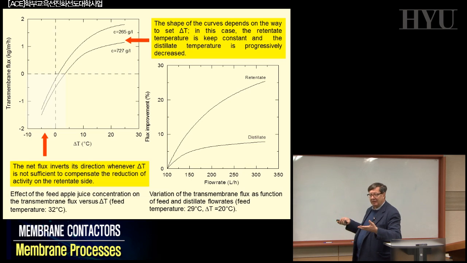You can create a delta T warming up on one side and keep it constant on the other one, or vice versa, you can keep constant the temperature on the feed side and decrease temperature on the permeate side. And this does not give you the same results because this boundary layer phenomena can be different, and the overall heat transfer can be different.